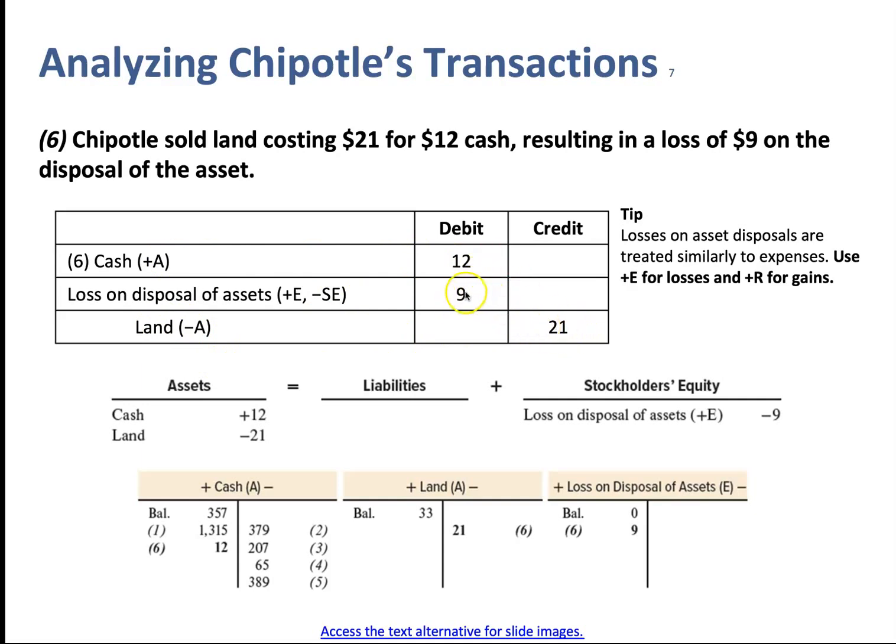You can see the 9 is on the debit side rather than writing a revenue -9 on the credit side, because we cannot write negative numbers in our journal entries. So rather than writing revenue of -9, we would just use an account called losses, and losses are on the opposite direction of revenue, so we would debit a loss for 9. Our debit added up equals to our credit.